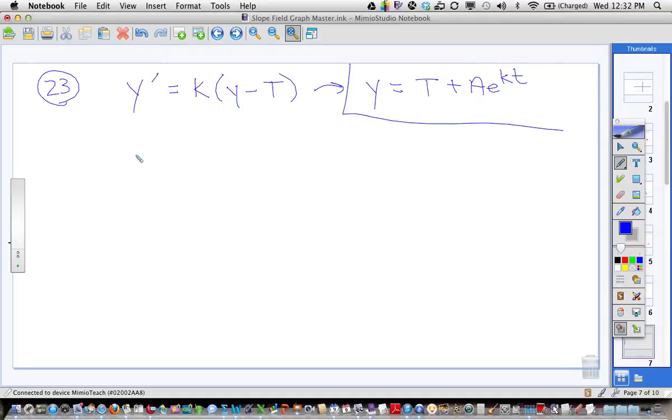Okay. So in this problem, we know it started at 90 degrees. So what happens then when you put 90 in for your Y? And the surroundings was 65 degrees, and so we don't know A, and then what you soon find out, if you work very many of these problems, you realize that when you put a 0 in here, it doesn't matter what K is, K times 0, you get 0, e to the 0 is 1, so what you find out is A depends solely on big T and the initial temperature 90.